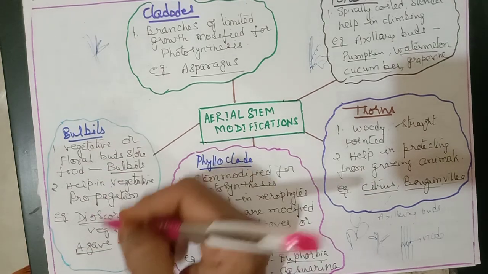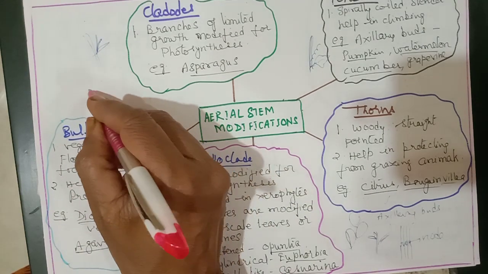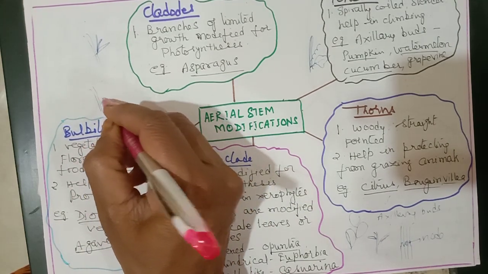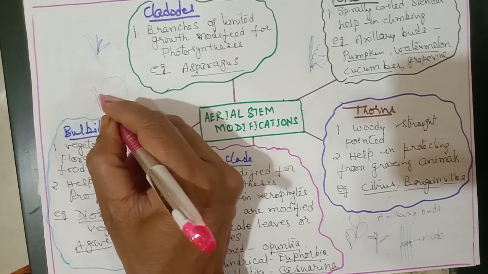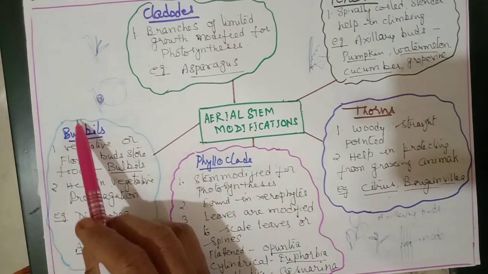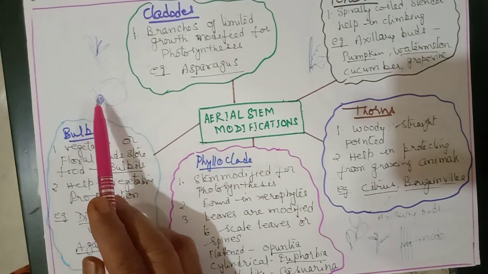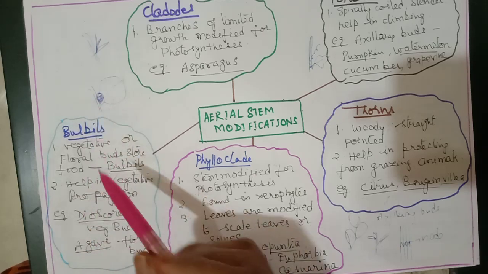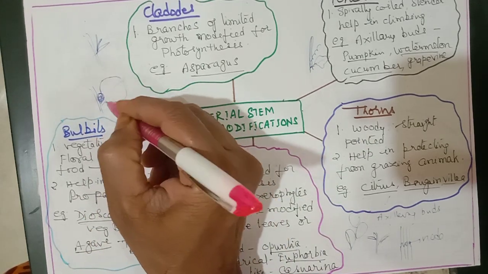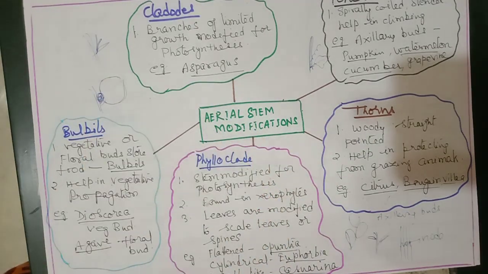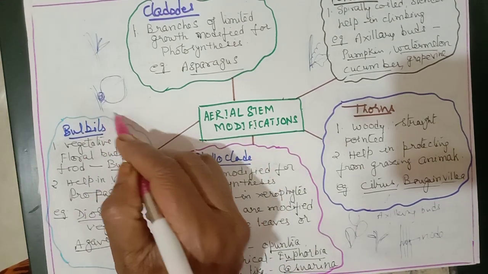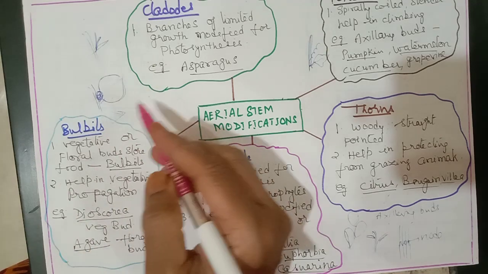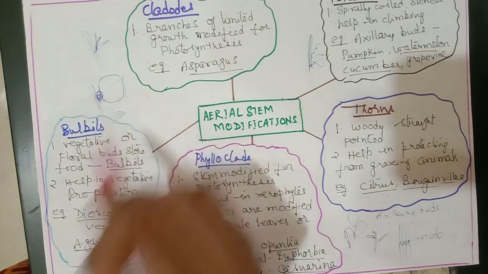For example, in Dioscorea, the vegetative bud is modified, that is the axillary bud. This is the leaf of Dioscorea. Here in the axil, this bulbil is developed. Initially it is a vegetative bud present in the axil, and later this will become the bulbil. It will become swollen, and once this gets detached, if it falls on the soil, it can give rise to a new plant.